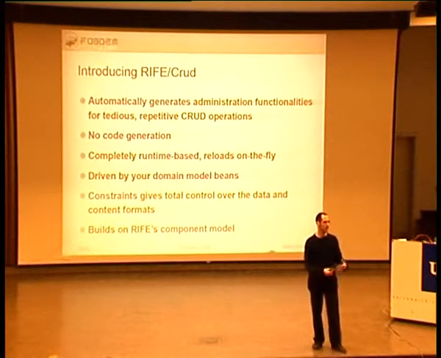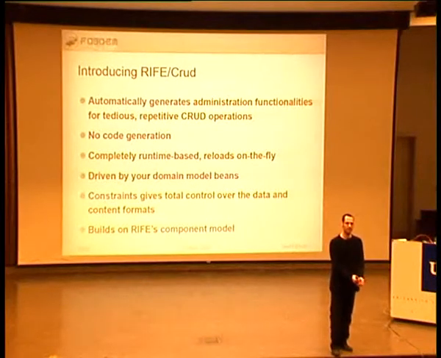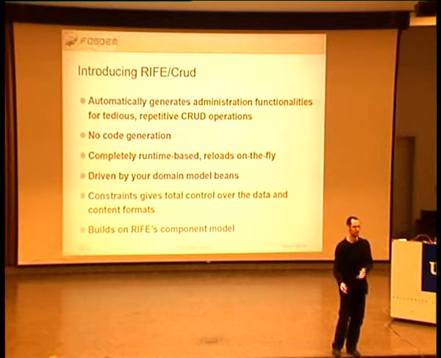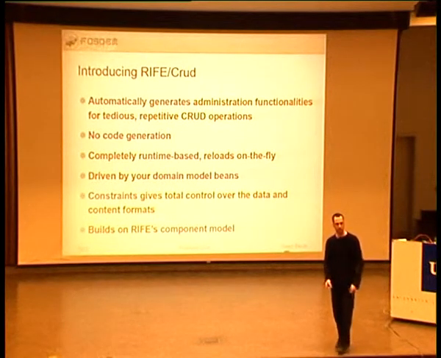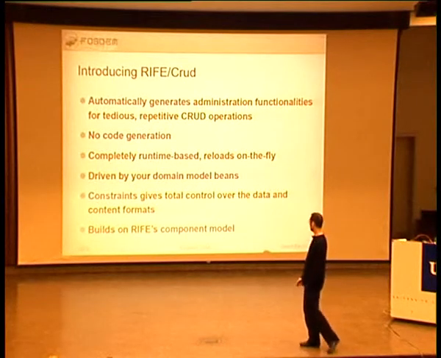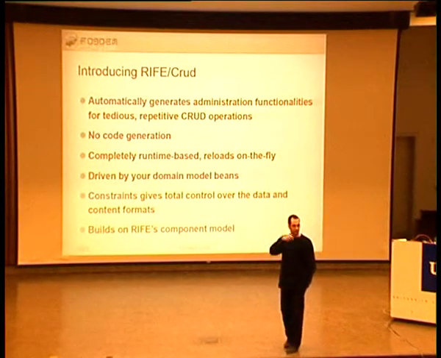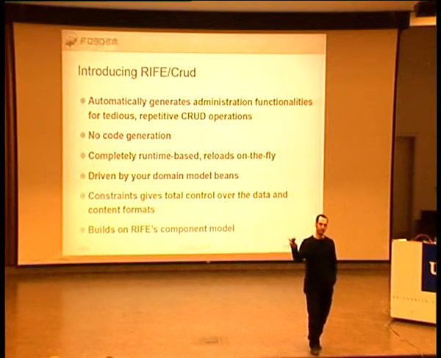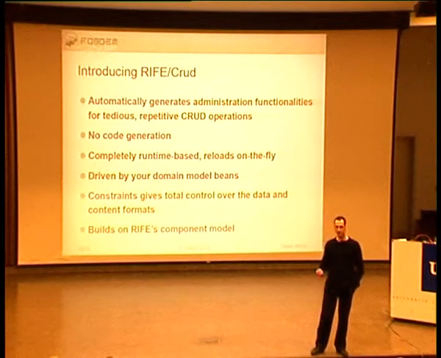Everything is done on the fly without any code generation that might bleed into your CVS or Subversion repository and then changed by someone and then overwritten when it's generated again. You don't have these problems. And by using the constraints that I explained earlier, RIFE CRUD is able to do all these nifty things automatically.